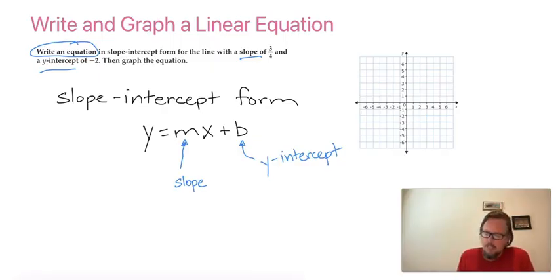Okay, so then the problem tells us that the slope is 3/4, that's going to be our m, and it tells us that the y-intercept is -2, that's going to be our b. And so let's go ahead and rewrite slope-intercept form. Y equals mx plus b, but we'll replace the m with 3/4, and we will replace the b with -2.